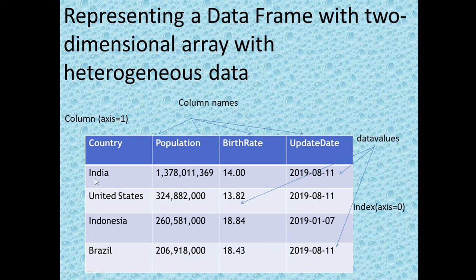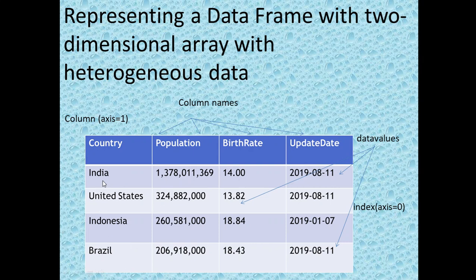These are the values: India, 18.84, 2019-01-07. All these are different data values. Country, population, birth rate, update date are the names of the columns. So all the columns have axis equal to 1 and all the rows have the index, that means axis equal to 0.